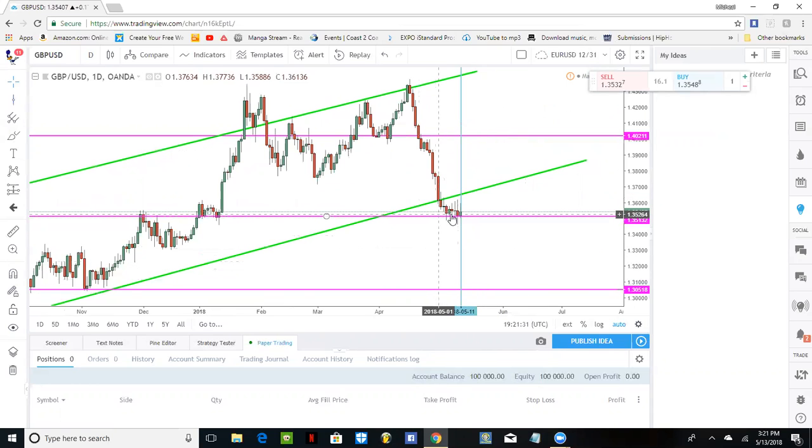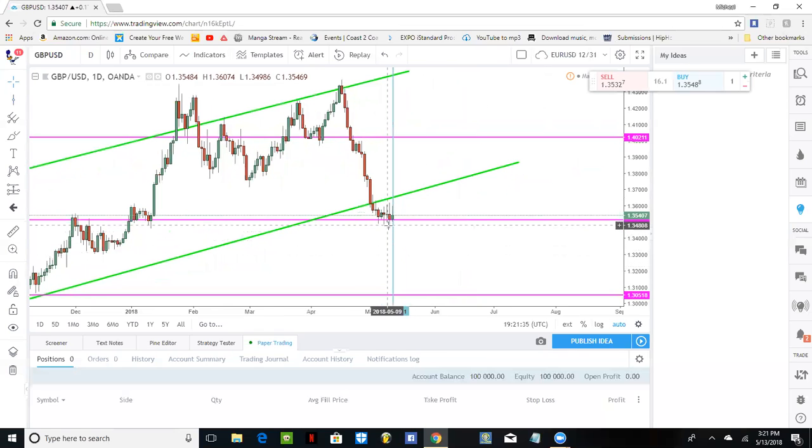But right now, this looks like a very nice support line right here. I'm pretty sure it's just going to go back up and test this trend line over here, or test this area over here, and then go back down. So it looks like it's just consolidating for a little bit.